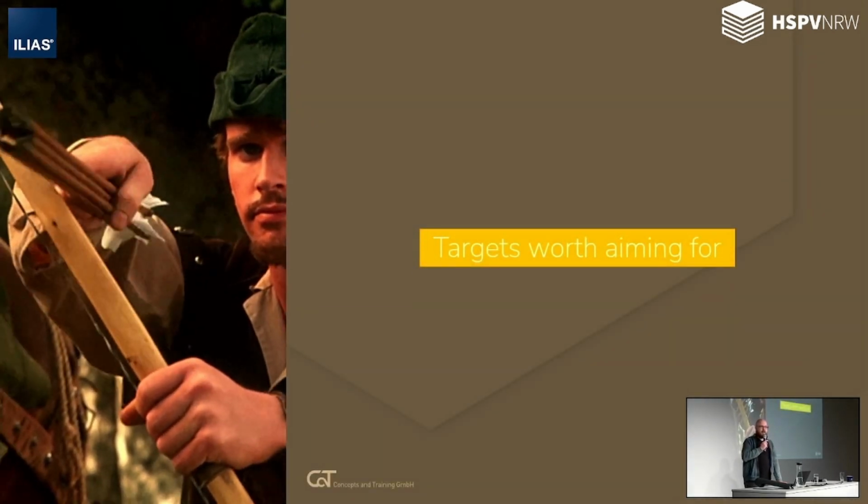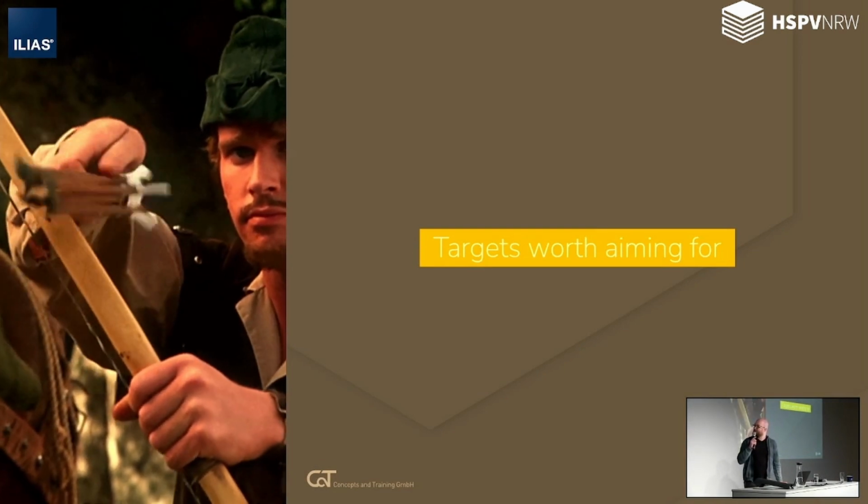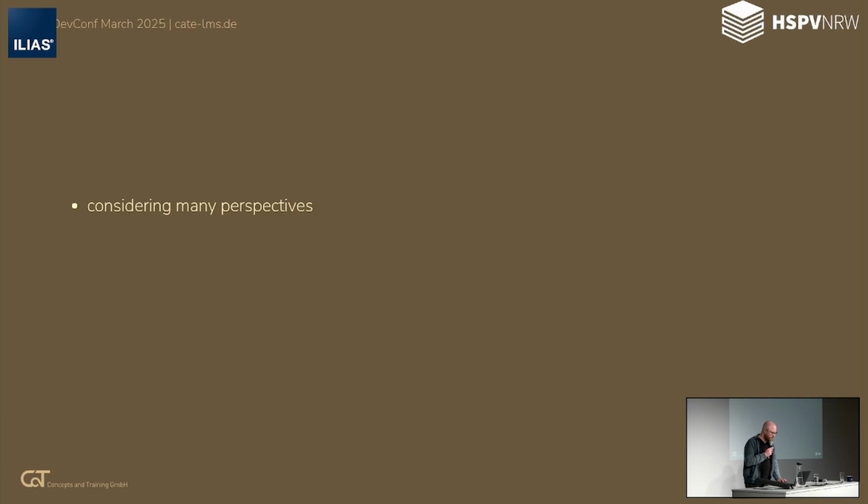So, here are a couple targets that we can strive to aim for during the entire process. We should have a process where we are considering many perspectives. These are things that we basically had to learn the hard way, so I just want to mention them to you.